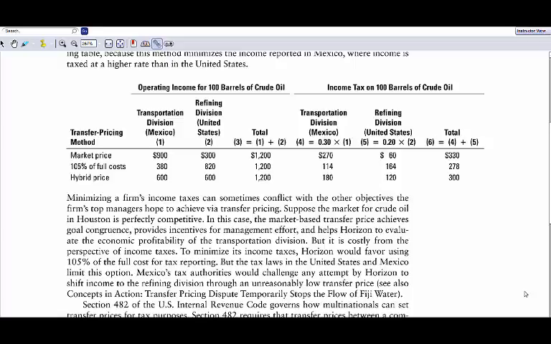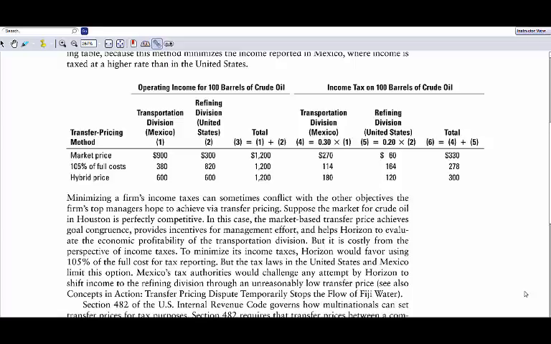Again, though, you've still got to consider those laws that would be applicable. So, the laws in the United States and the laws in Mexico would limit this option. Mexico's tax authorities would challenge any attempt by Horizon to shift income to the refining division through an unreasonably low transfer price. Again, what are we saying here?